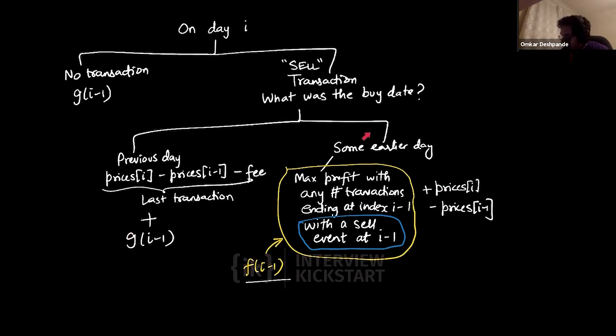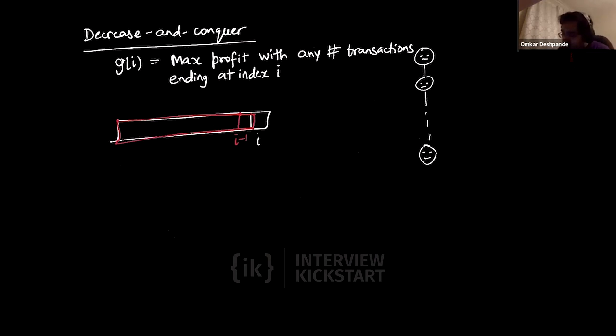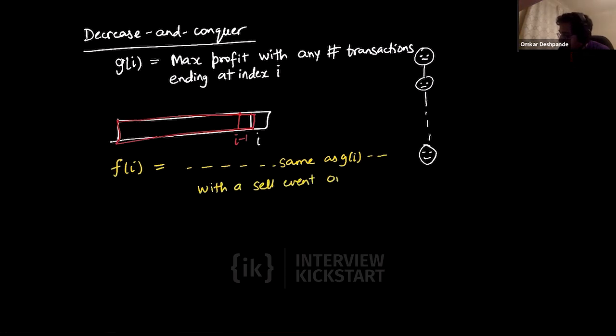These two cases combined together make up f, whatever is the max of these two is precisely f of I, because if you think of f of I as the maximum profit you can get with, I didn't write it down here, so f of I is basically the same definition as g of I, but with a sell event on day I.